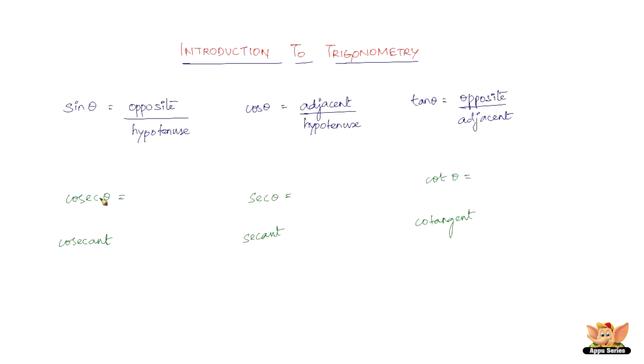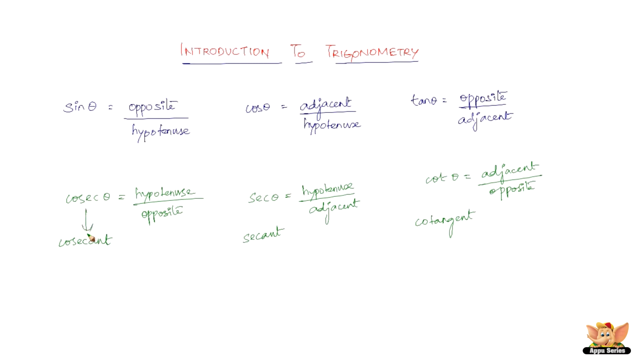That means cosecant theta is hypotenuse by opposite. Secant theta would be hypotenuse by adjacent, and cot theta will be adjacent by opposite.